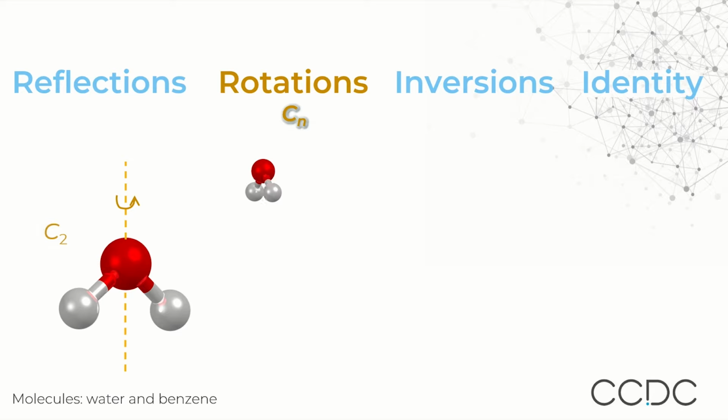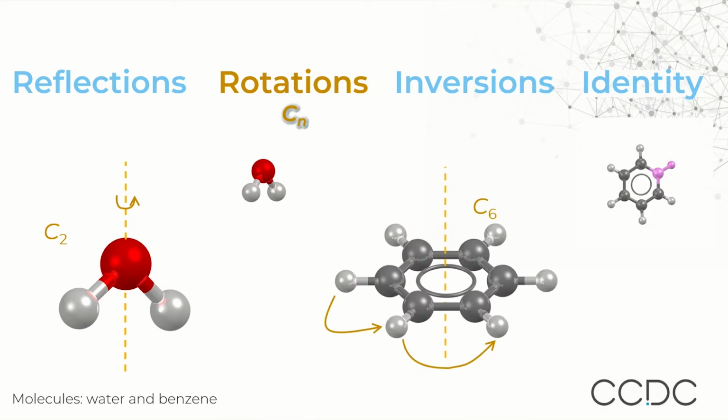One example of this is water, but I'm sure you can think of molecules with different numbers of rotations within 360 degrees. Benzene, for example, can fit 6. The symbol for a rotation is C subscript n, where the n is the number of rotations.